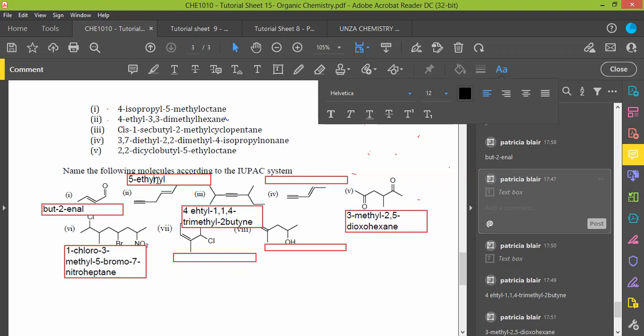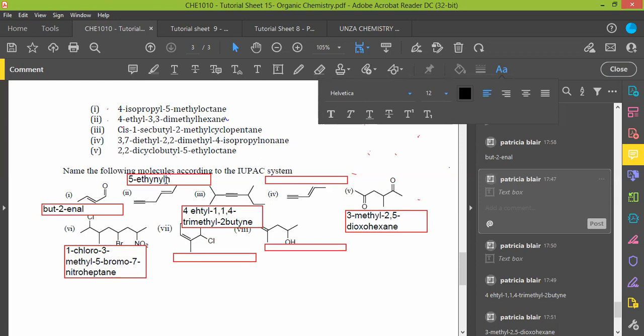Don't put ethyl. When you put ethyl, you're talking about something totally different. So it is ethynyl. This is what is actually representing the yne there. The yne is what is representing the triple bond. So it is 5-ethynyl, and then like I said, you can begin the naming of the molecule.